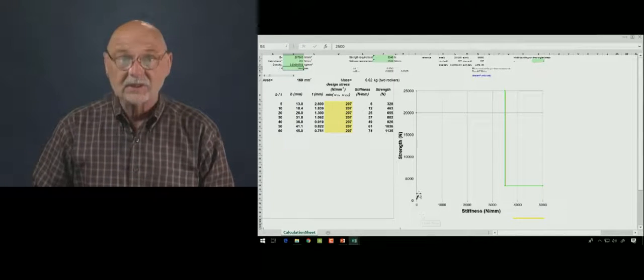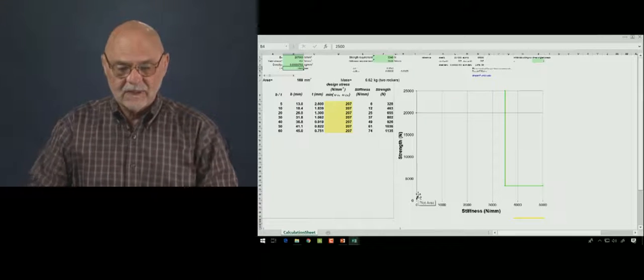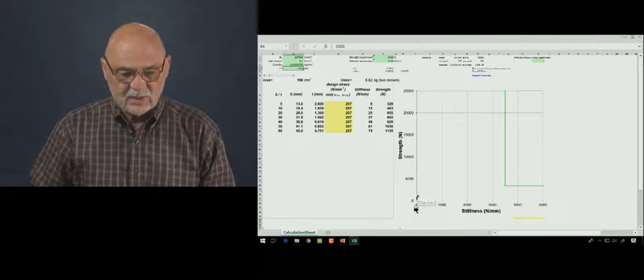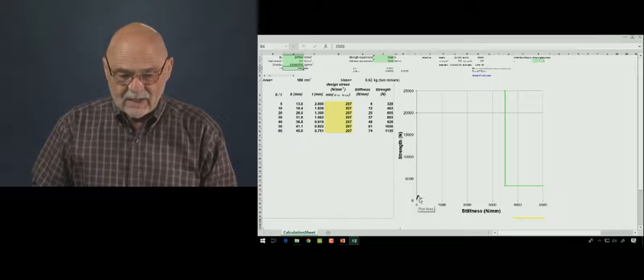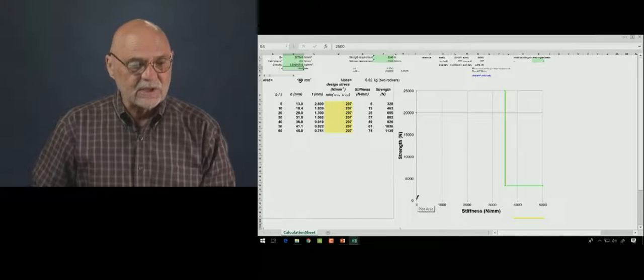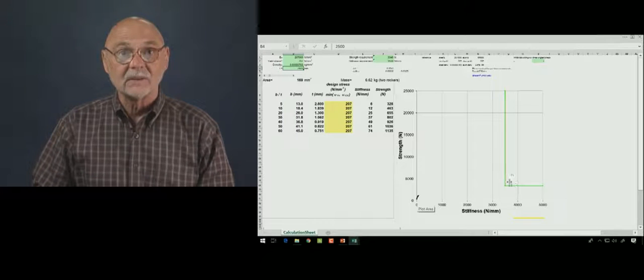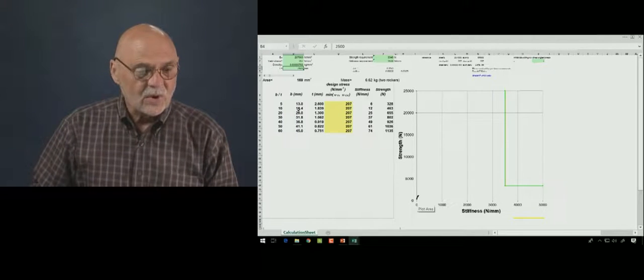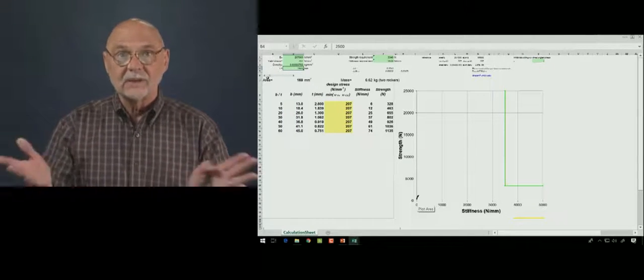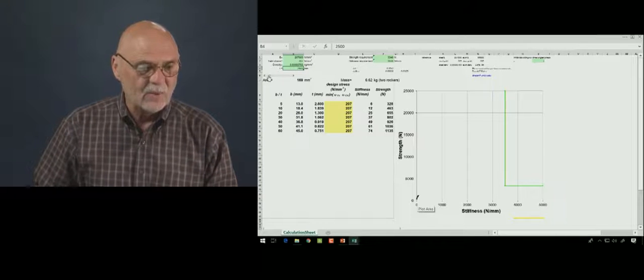The one at the top is 60. Right? It's the tallest beam. The one at the bottom is the one for 5. And you can see that with a cross-sectional area of 169, we don't have anything entering the solution area here. So the beam just isn't big enough. It'll never work no matter how we proportion it.